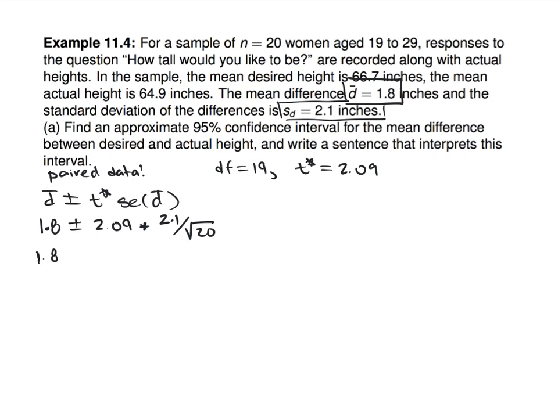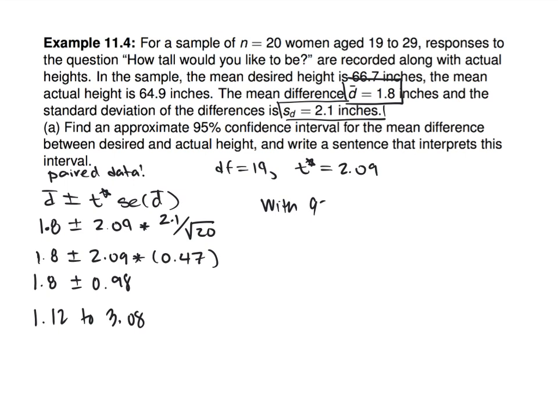Okay, that's 1.8 plus or minus 2.09 times 0.47, or 1.8 plus or minus 0.98, which gives us 1.12 to 3.08.